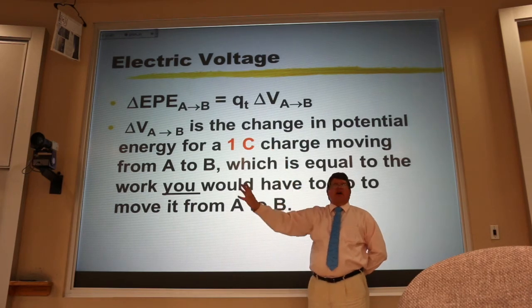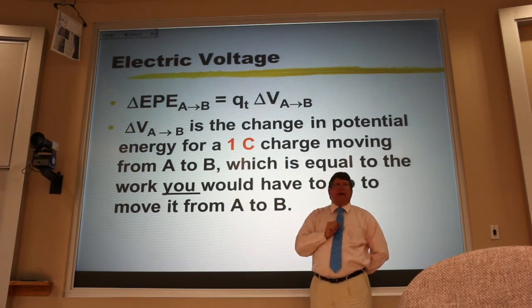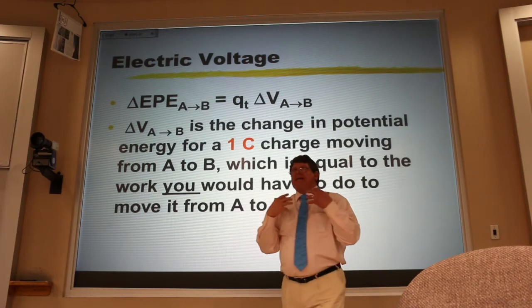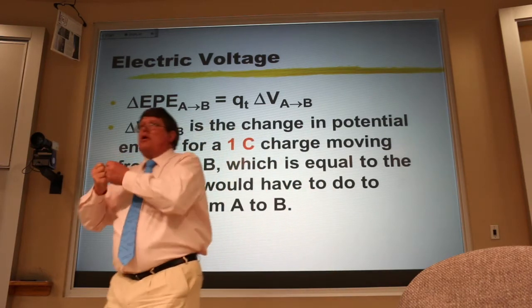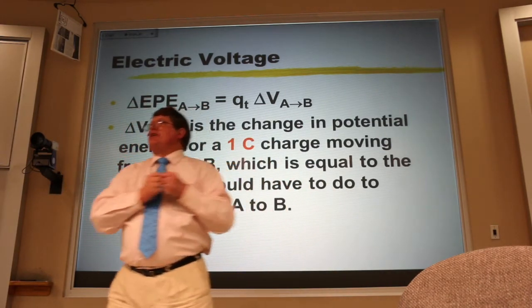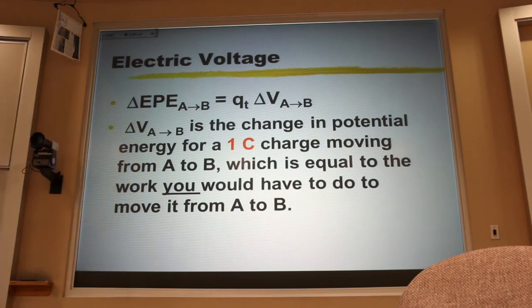When I say there's 120 volts from A to B, what I say is that's how much electric potential energy I would store if I took 1 coulomb from A to B. Well, if I take 2 coulombs, I just store twice as much energy. 5 coulombs, 5 times as much energy.